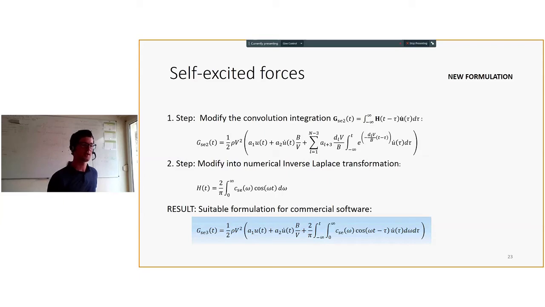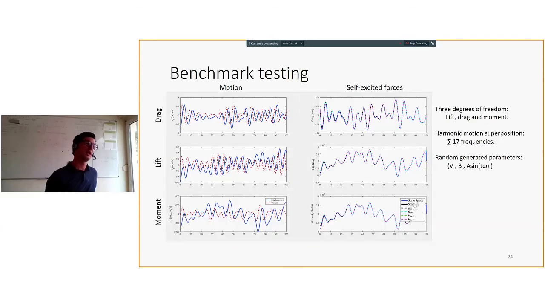So this is what we came up with, and the best way to prove this is to make a benchmark test. We did here 3 degrees of freedom, drag, lift, and moment, with harmonic movements, and this is a superposition of 70 random frequencies.